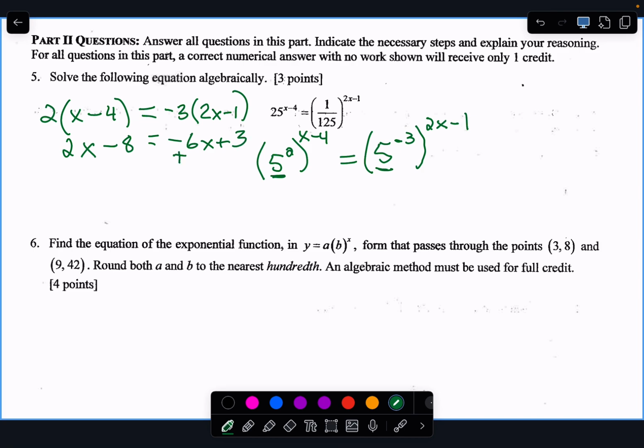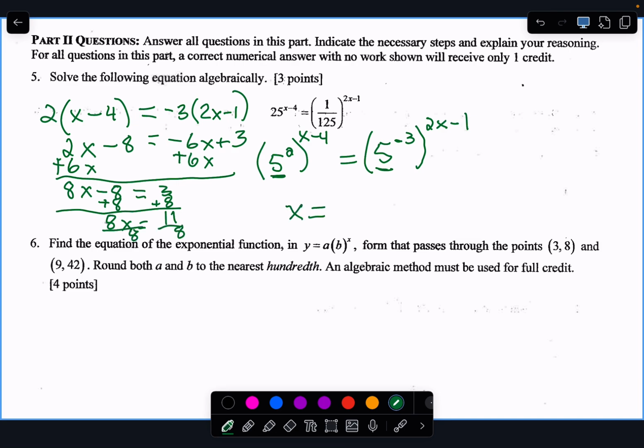I added 6x to both sides, right? This becomes 8x minus 8 is equal to 3. Then I'm going to add 8 to both sides. 8x is equal to 11. Divide by 8, divide by 8. So x is equal to 11 over 8. All right.